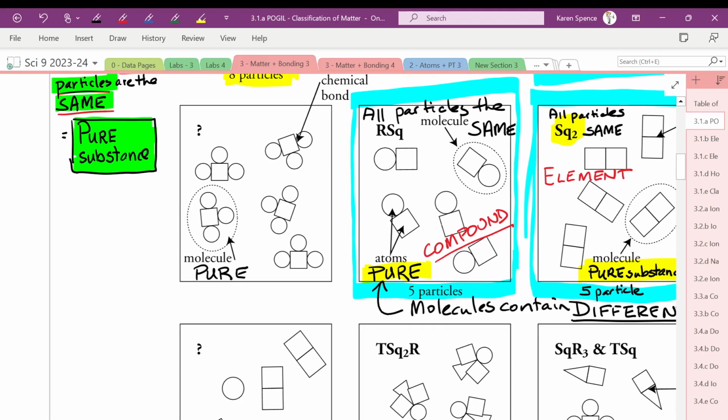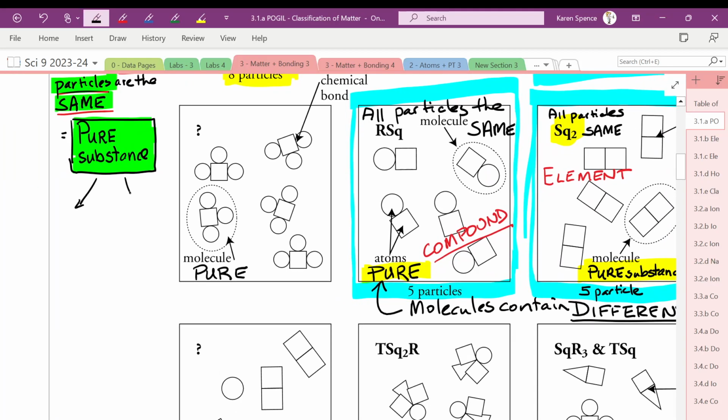And if it is pure, what are your 2 choices for pure substances? Pure substances can be one of 2 things. A pure substance is either a compound or an element? Which one do we have here? We have the one I'm going to highlight yellow right now.